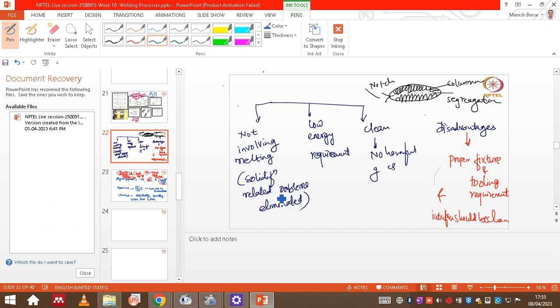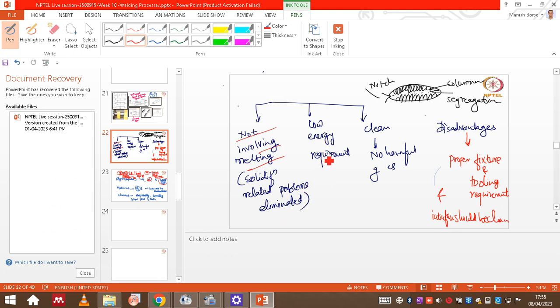So to join such alloys, mainly aluminum alloys, it is necessary to have a process that does not involve melting. This is one advantage of joining such alloys through solid state welding processes, because it won't involve melting at the interfaces, so solidification related problems can be eliminated, right?